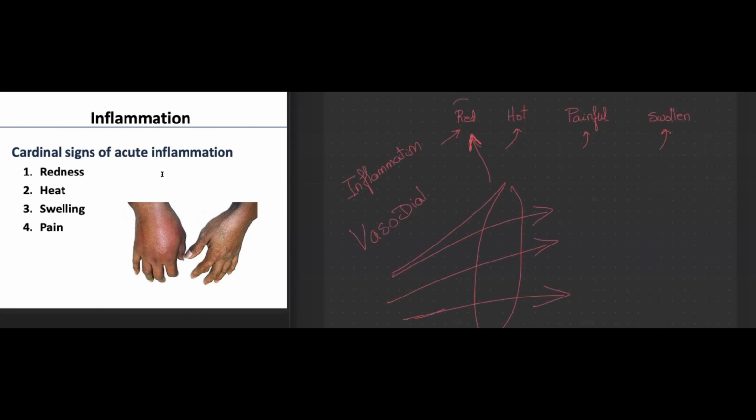The site where you get more blood to is going to be red. You're also going to be getting the heat of the internal tissues delivered to the outside towards the inflamed site. So getting more blood delivered also increases the temperature of the site, making the inflamed site hot.